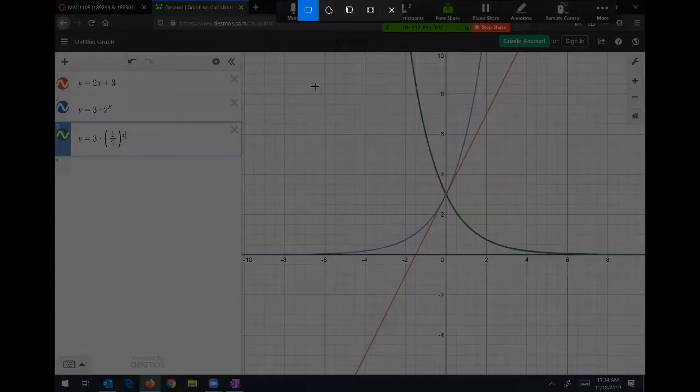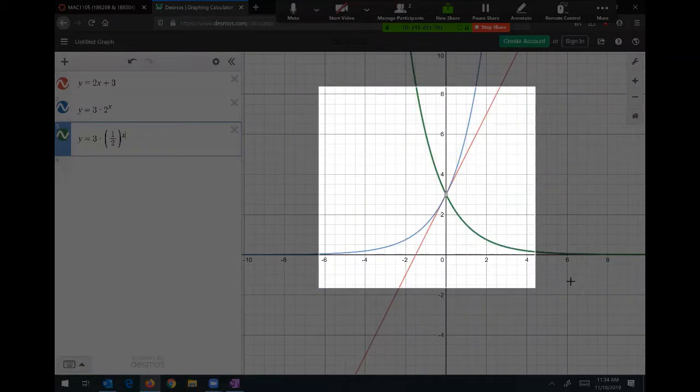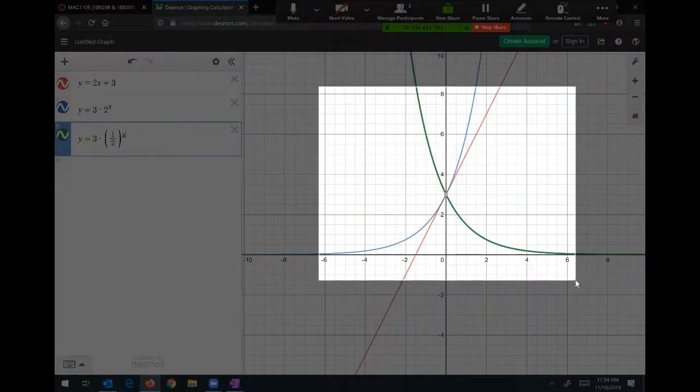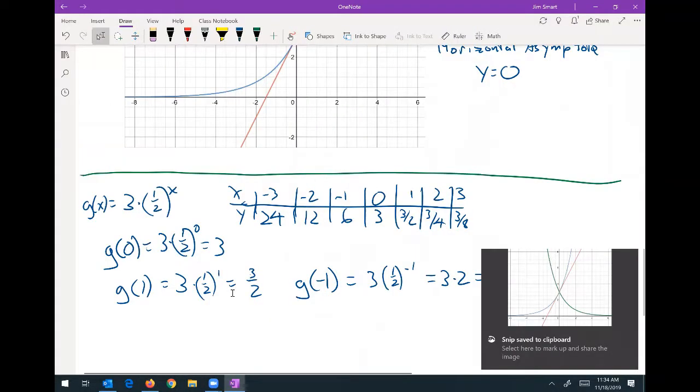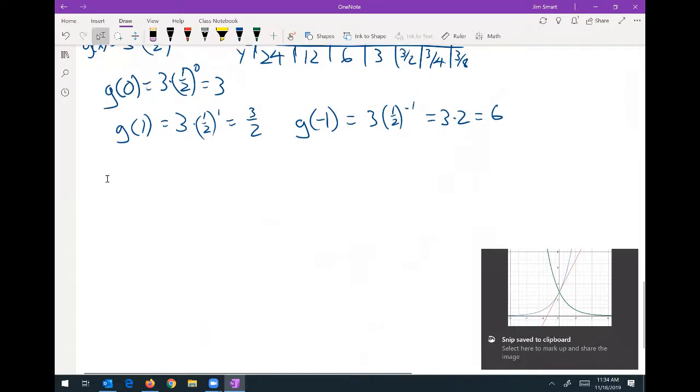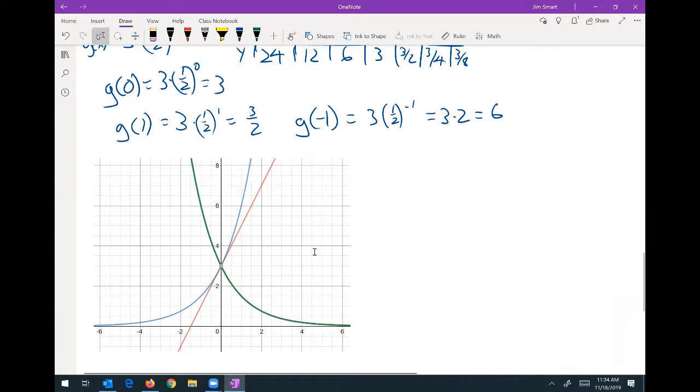All right, let's grab this one. The blue again is still y equals 3 times 2 to the x.